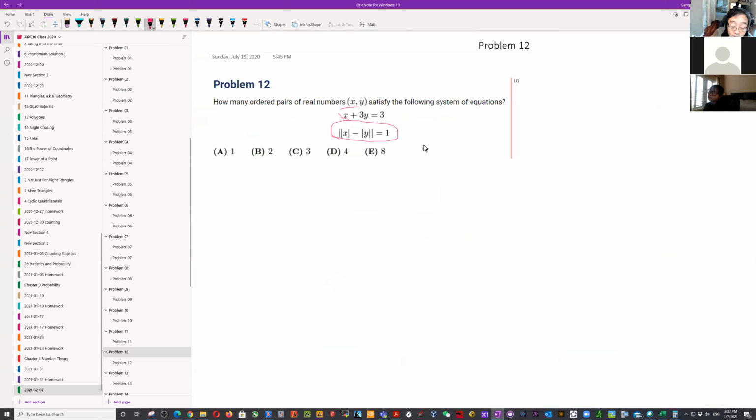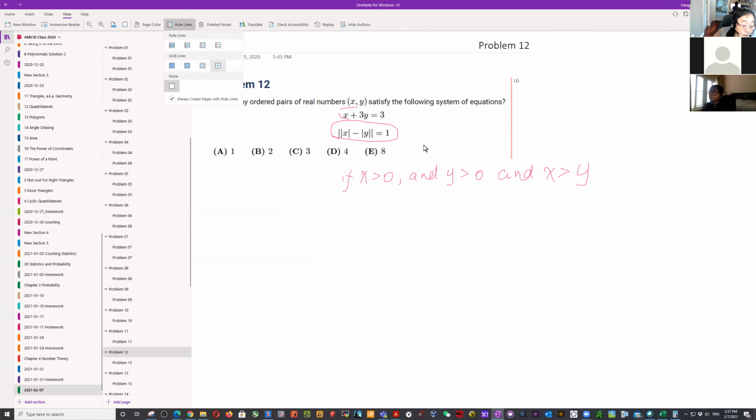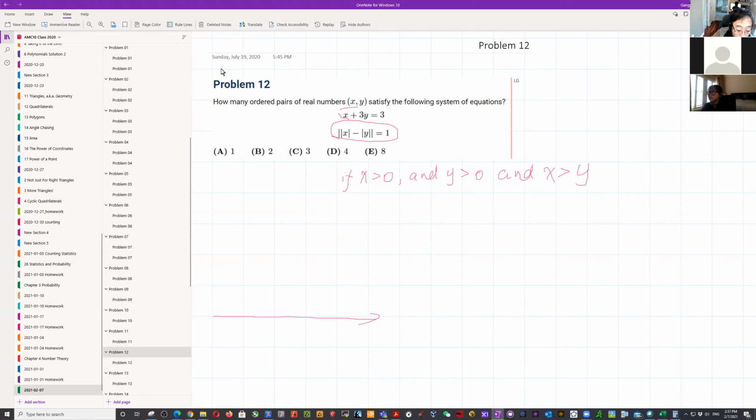So how do you draw out the complete blue lines? Basically, you just build a case, and if x is greater than 0 and y is greater than 0 and x is greater than y, so it's in the first quadrant, you split the first quadrant into 2 halves.